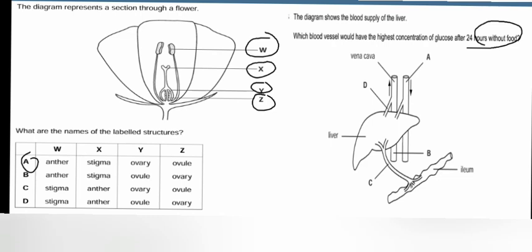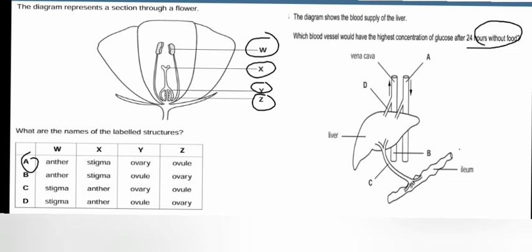Most of the glucose or nutrients are absorbed in the small intestine. This part here, which is the ileum, is part of the small intestine. So if a person has food, part C is going to contain the highest concentration of glucose. But here they are saying without food, meaning C is not the answer.